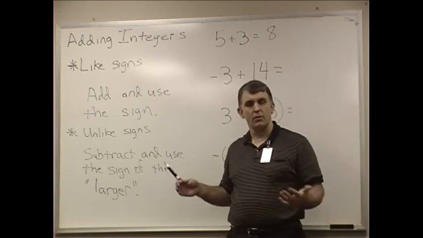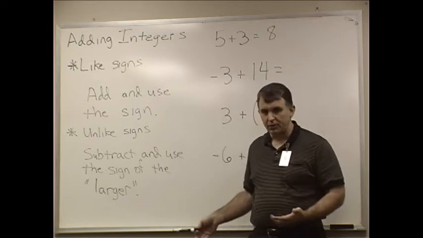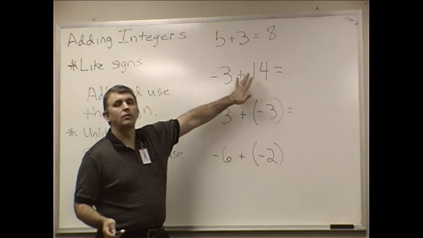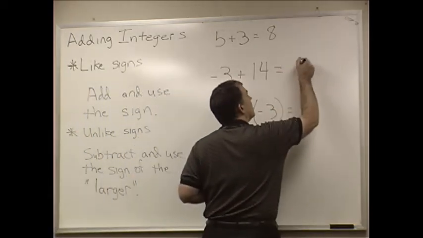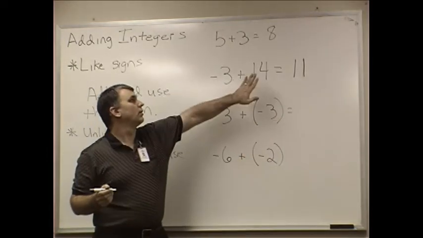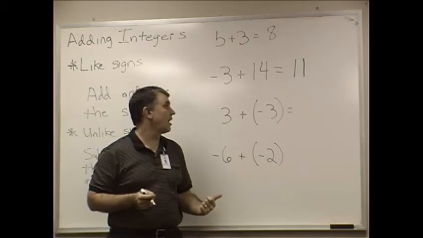We're looking at the numbers without respect to their sign. That's something called absolute value. So we're going to subtract. 14 minus 3 is 11. We know that. And this answer is going to be positive because 14 is larger than 3. Again, we're not paying attention to their sign.